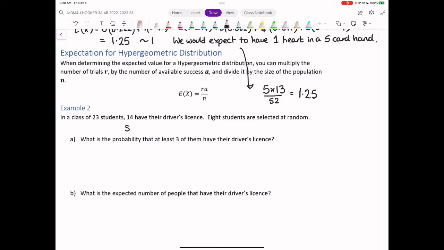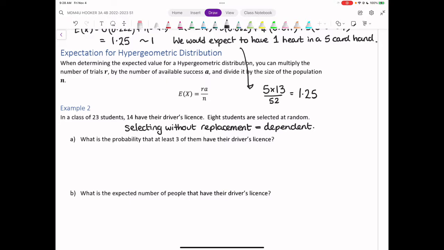Let's just formalize that. So selecting without replacement means dependent. And hypergeometric distributions are based on dependent events.